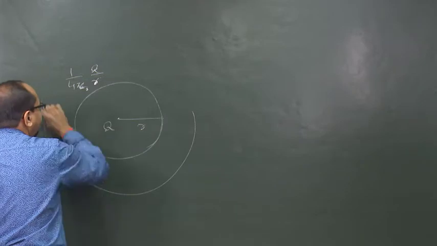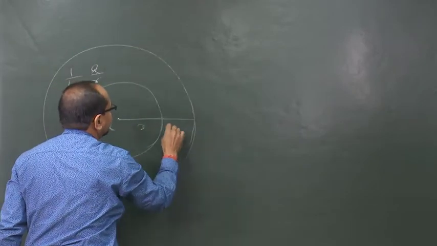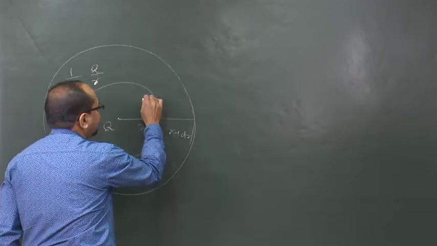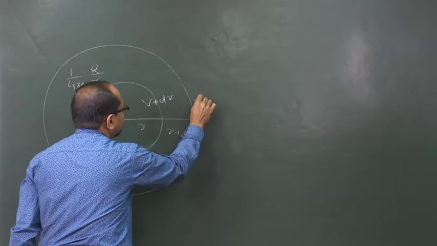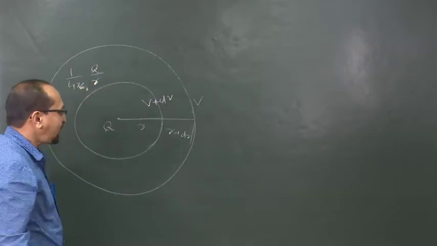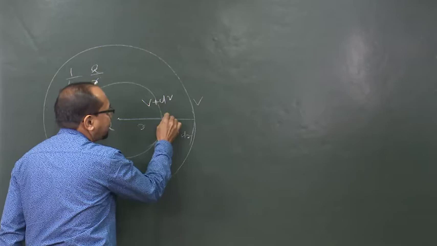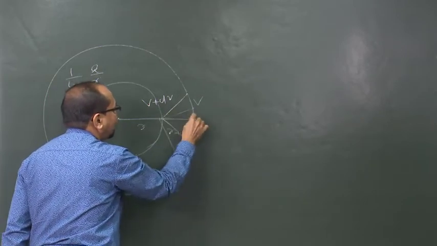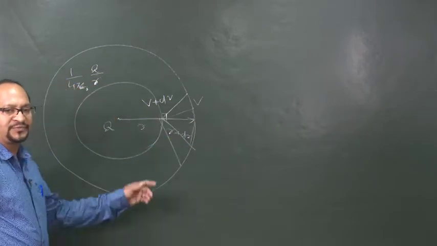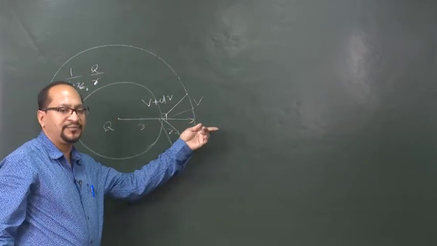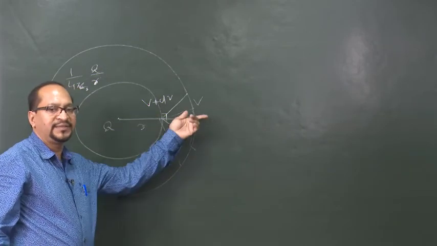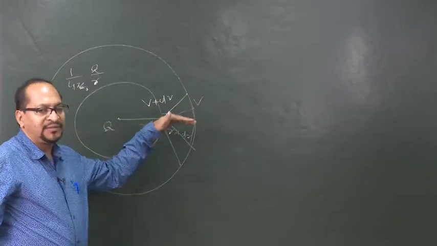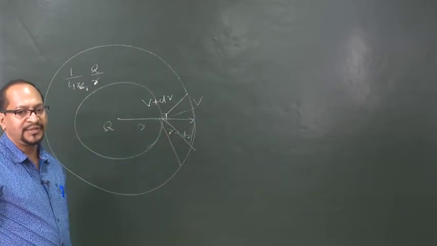Then we have another equipotential surface, a sphere of radius r plus dr, if we move a distance dr. This surface has a potential V plus dV and the other surface has a potential V. If we move from this surface to this surface in any direction, the rate of change will be maximum only if we move normal to the level surface. This is the direction of the gradient of potential, and this is the direction of the electric field, which is normal to the level surface.